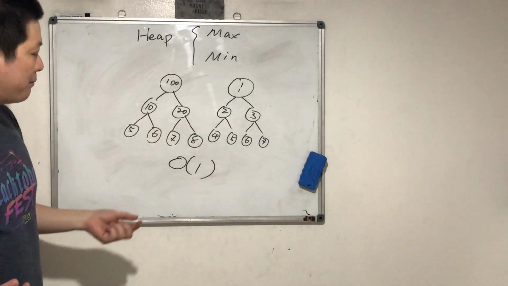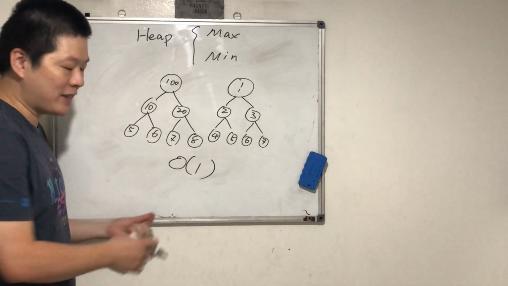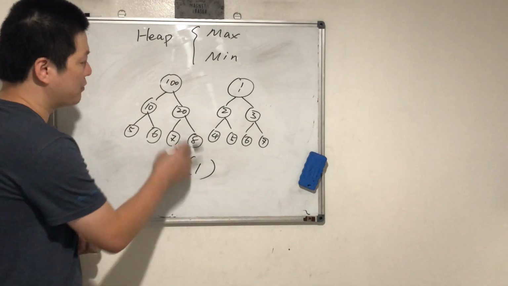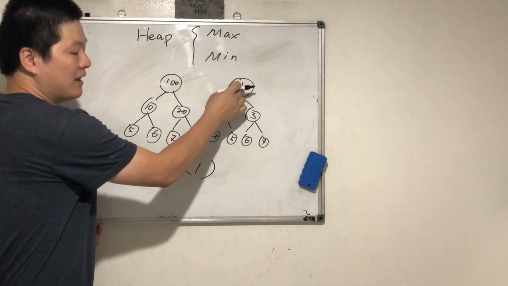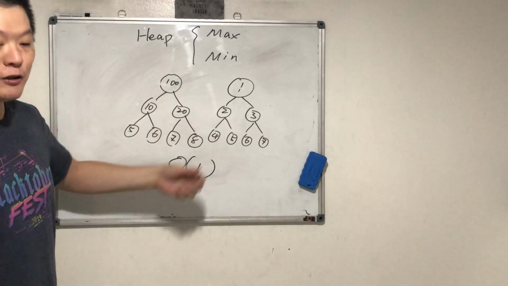Why do we want to use the heap? Because we want to take advantage of the constant time to retrieve the data from the root, which could be max or min, and to maintain it.